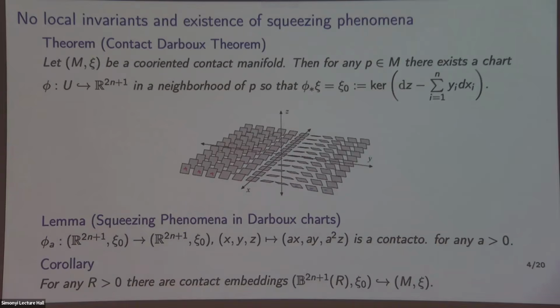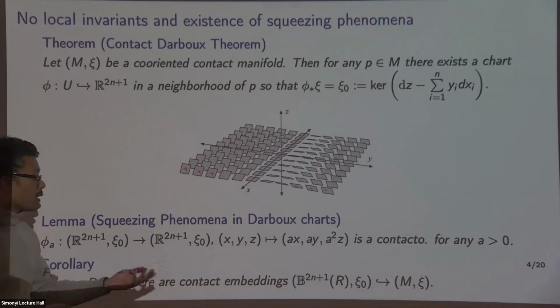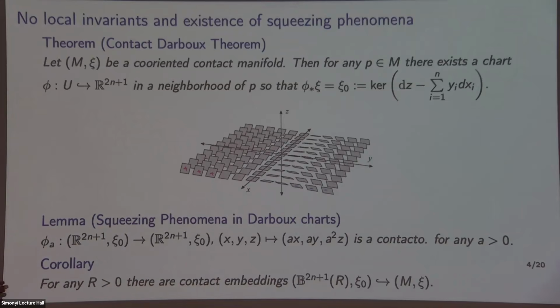And so with the theorem and this lemma, you have a corollary that you can squeeze any ball. You take a Euclidean ball of radius as big as you want, and you can find a contact embedding of this ball inside your contact manifold M, because locally M looks like R^(2n+1), and there you have all the squeezing.